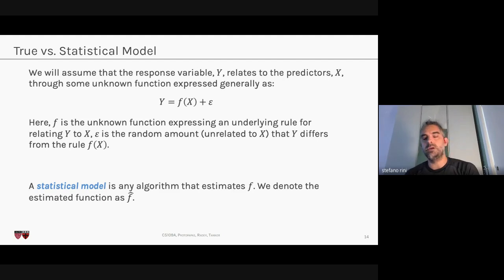Epsilon will be your noise, a certain amount of random distortion, random effects on your response variable, and then you have an f, which you assume to be a deterministic function. So you assume that your observation is equal to a deterministic function of your inputs plus some noise. Crucially, you assume that the noise is independent from the input. So you assume that for whatever input variable you have, the behavior of the noise will always be the same.